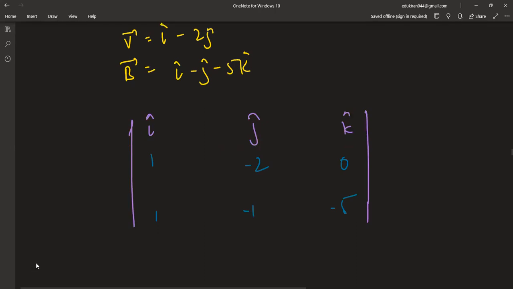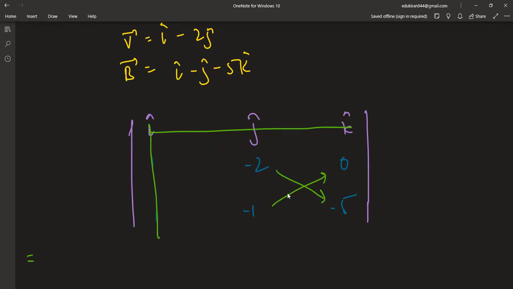So firstly, look here. For V cross B, first I cap, we'll eliminate this. Then going vertically downwards, vertically upwards. So this becomes minus 2 into minus 5 first, minus 0 into minus 1.